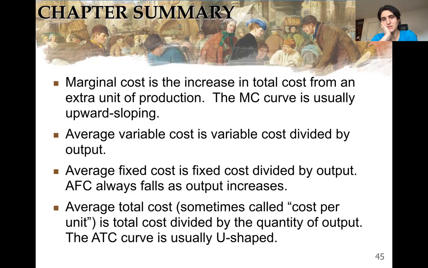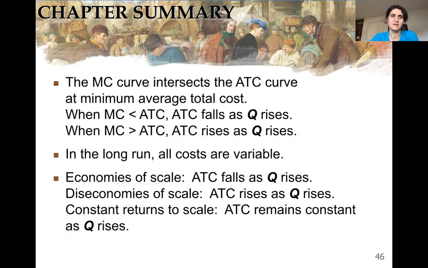Average variable cost is variable cost divided by output. Average fixed cost is fixed cost divided by output, and average fixed cost always falls as output increases. Average total cost is total cost divided by output, and the ATC curve is usually U-shaped.